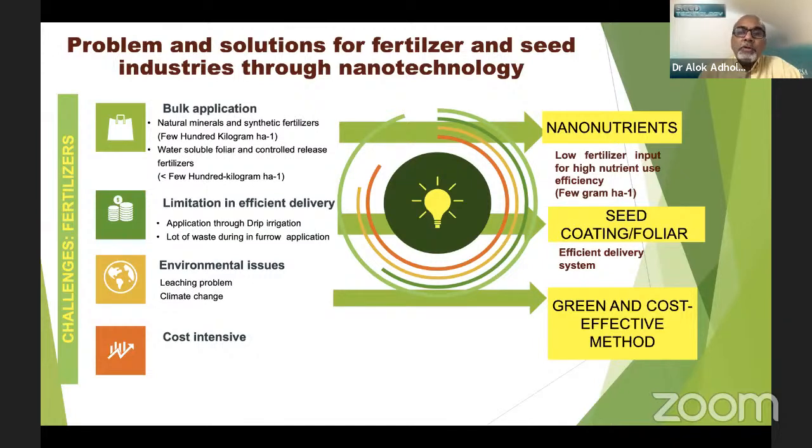Cost is, of course, a very important aspect from the point of view of reaching the end user. And therefore, a lower cost and safer product with an efficient delivery system is something that crop production areas are looking forward to. And therefore, the nanonutrients and the aspects of seed coating and foliar products are coming up.